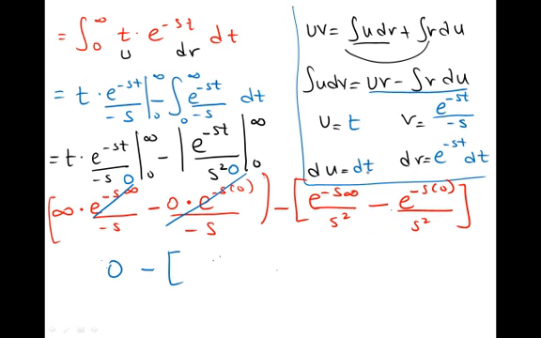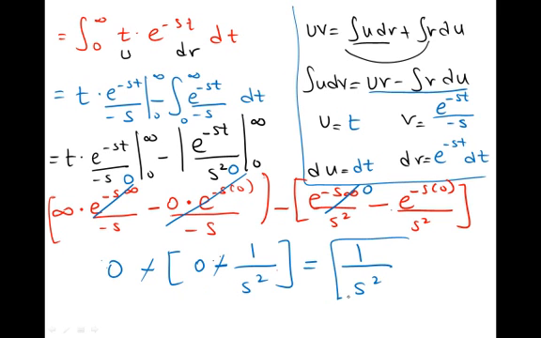Negative times infinity will give you again a 0 here. 0 times 0 divided by s squared is 0 again. So 0 minus, s times 0 will be here 0, and e to the power of 0 is 1. So 1 over s squared. These two negatives are going to give you a positive, so the answer will be 1 over s squared.